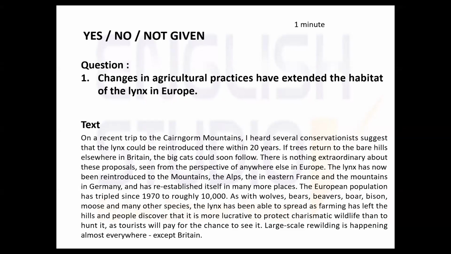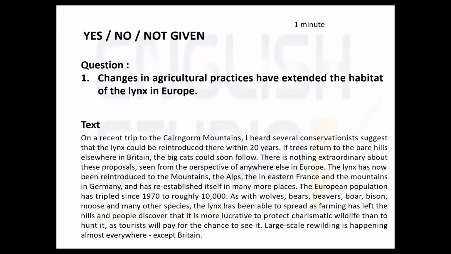Here we have yes, no, not given. So you should answer yes, no, or not given. By the way, if the question is asking you about true, false, not given, and yes, no, not given, you should write the exact words like this. Do not write the short form like y, ye, or ng.